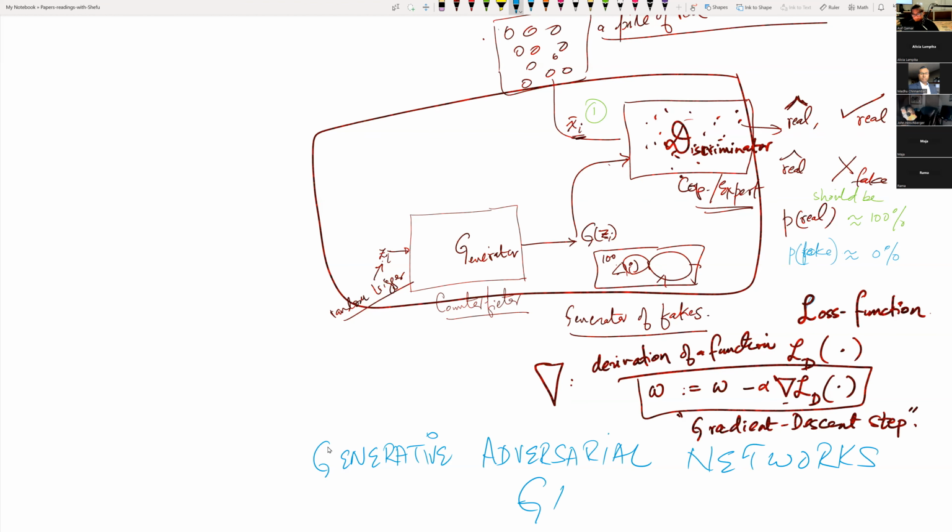They are often abbreviated as GAN. Generative adversarial networks. So this is one network, a generative network. And this is the discriminative network.